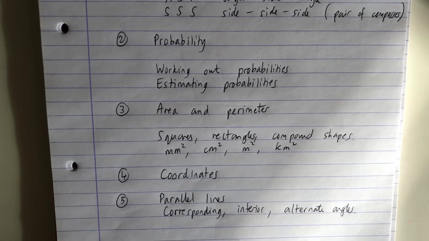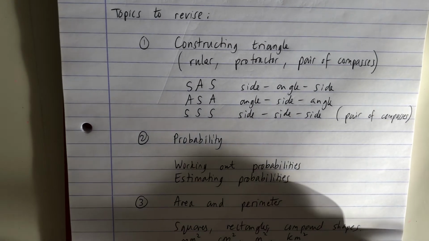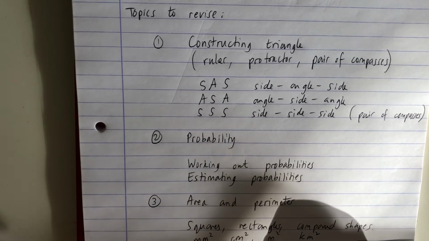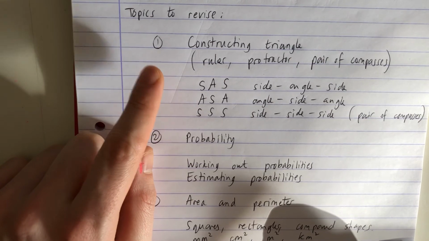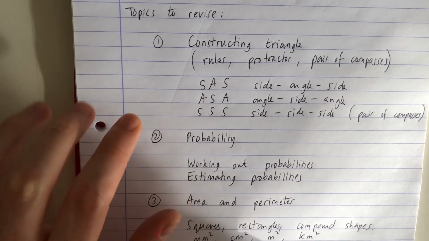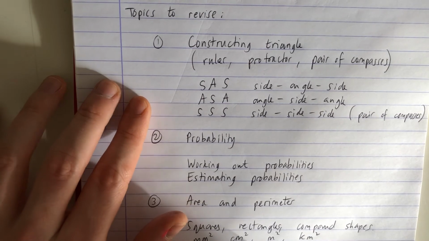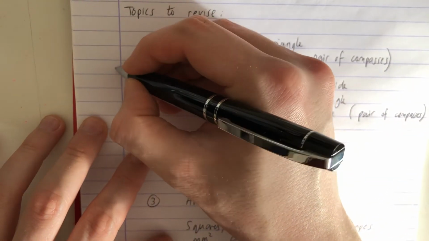Now, if you want to practice, look through your textbook. Constructing triangles is in chapter 12, which starts on page 200.